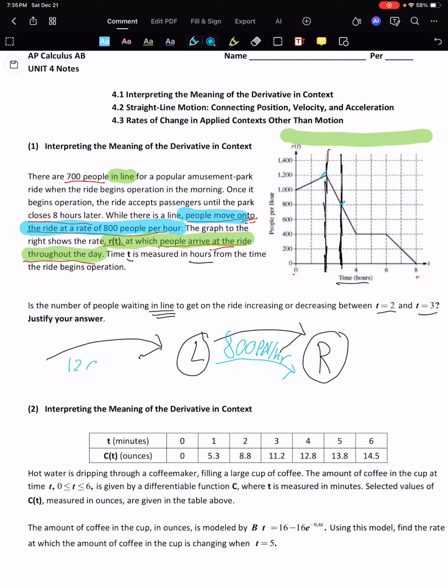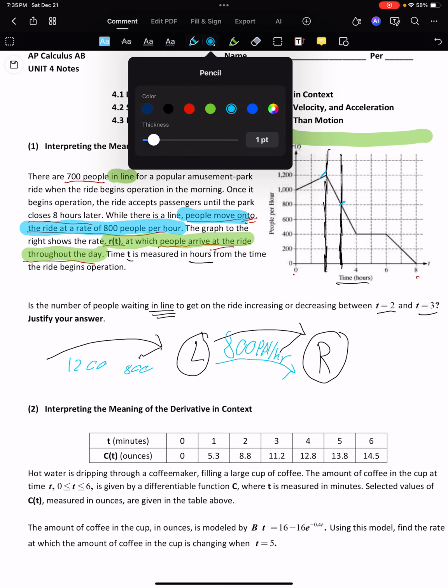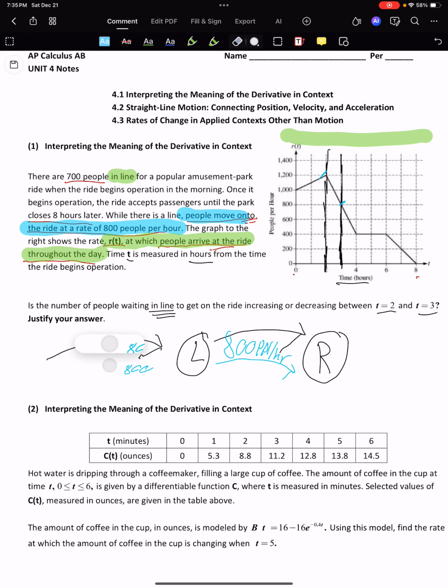We could call it 800. And look, we kind of answered our question already. I'll just do 1200 people per hour, but if you can see over here, it's 1200 at time 2, and it's definitely above 800. And that's what the question is asking.